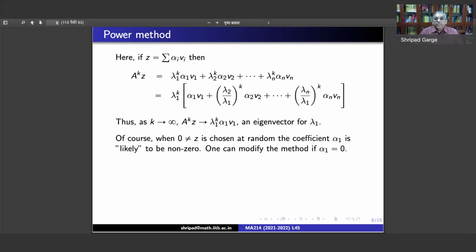Okay, so that is something that you can do, but rest assured, most of the time the random vector you start with will have a non-zero coefficient along v1, the eigenvector of the dominant eigenvalue. Now there is one more possibility: your Gershgorin disks may have the property that there is no dominant eigenvalue, meaning there may not be a single disk giving you the dominant eigenvalue, but there might be a single disk giving the smallest eigenvalue.